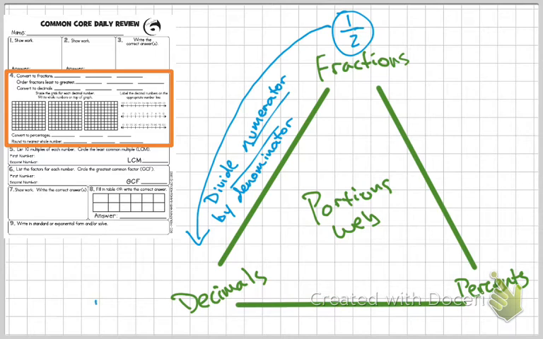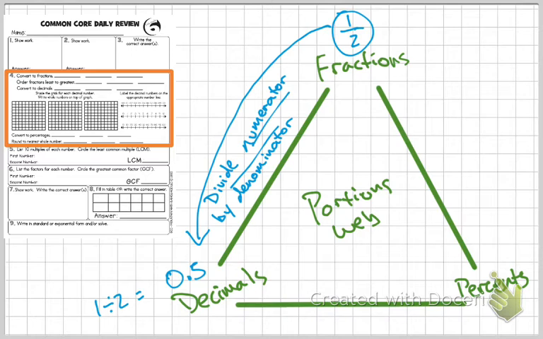So in this case, I could go ahead and look at my fraction, which was 1/2, and I could go 1 divided by 2, and that is going to give me a decimal. Now, for this work, you are more than welcome to use a calculator. You can also practice your long division strategies that are in question 2 as well, but you're more than welcome to use a calculator here. So 1 divided by 2 gave me a decimal of 0.5.